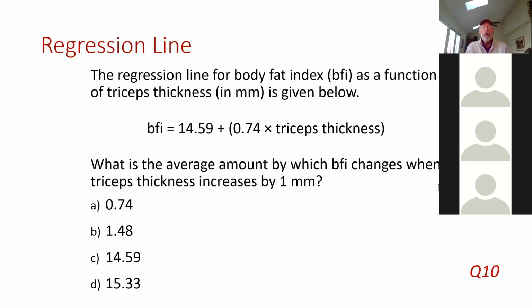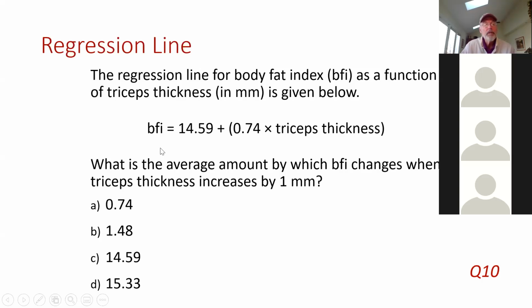Okay, so what is going on here? What is the triceps thickness? Is that the X values? Mm-hmm. So these are the X values, and these are the Y values. What is this number right here? That's the slope.